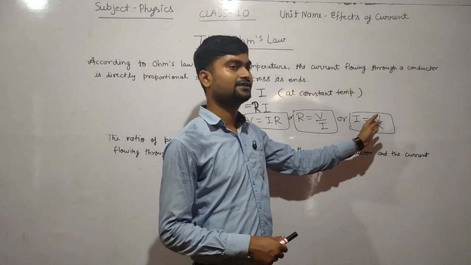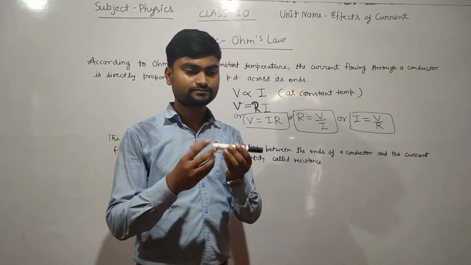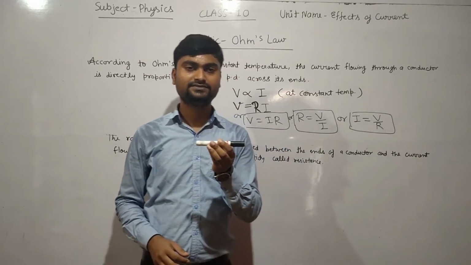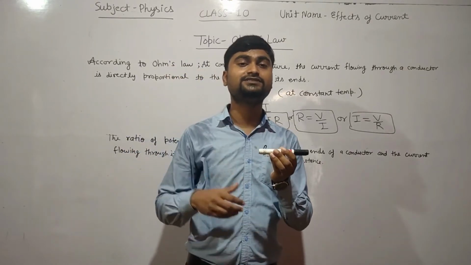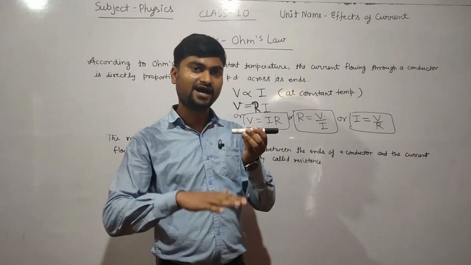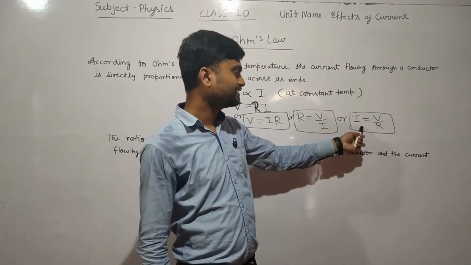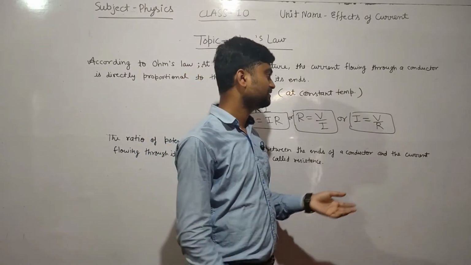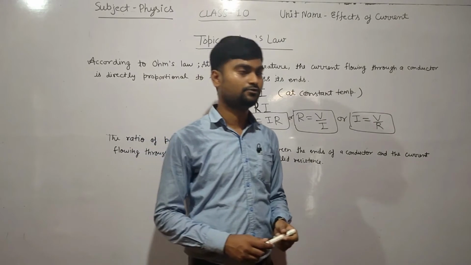Since I is directly proportional to the voltage, if we double the potential difference across a conductor, the current flowing through it is also doubled. If the voltage across the conductor is halved, the current flowing through it is also halved. The dependency of the current on the resistance is different, and the relationship is inversely proportional.